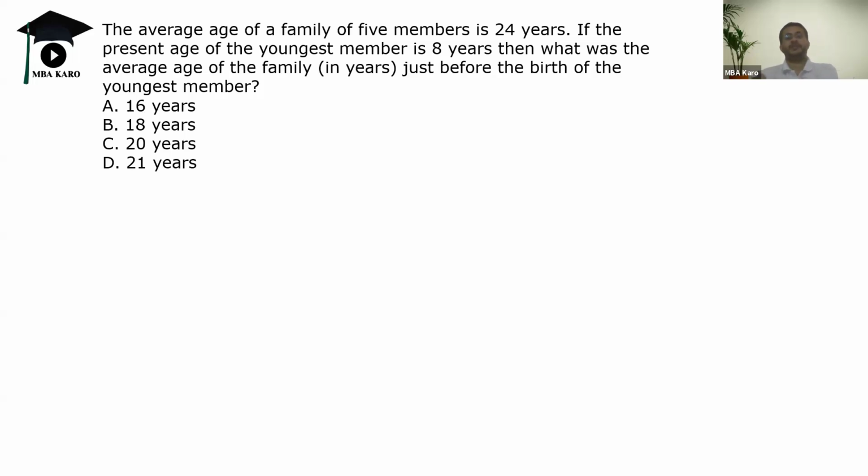If the present age of the youngest member is 8 years, what was the average age of the family just before the birth of the youngest member? So we need to find the average age of the family just before the birth of the youngest member.